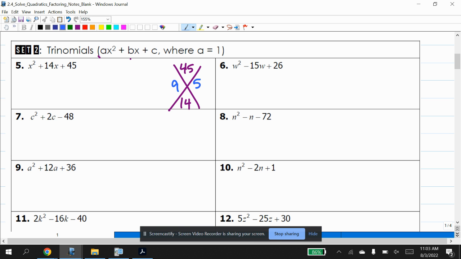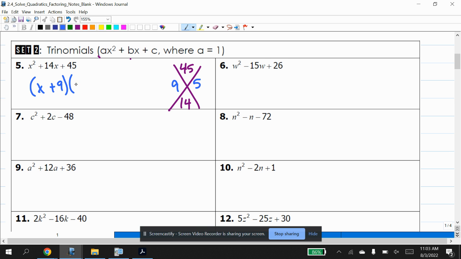9 and 5. And here's a shortcut with factoring trinomials that have an a of 1, where the number in front of x squared is a 1. You can take the sides of your x. That's a positive 9, so that's going to be x plus 9.